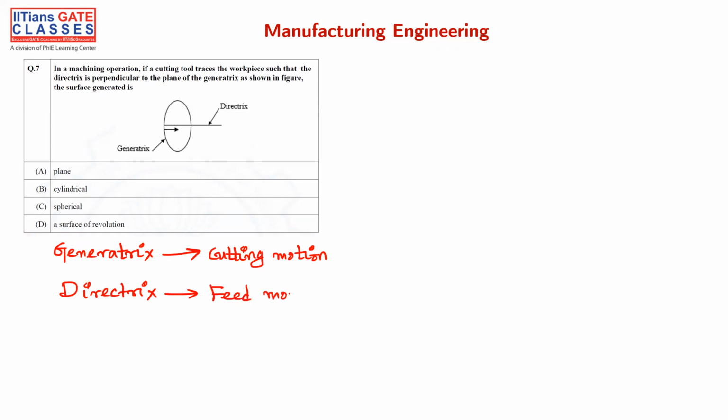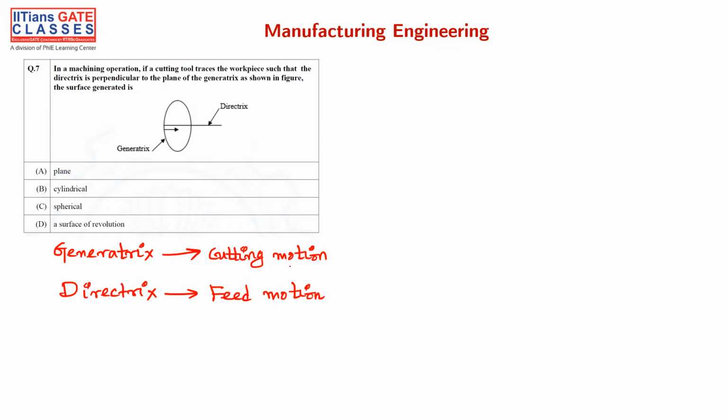Feed is nothing but the distance traveled by the tool per revolution. For one revolution, how much is the motion of the tool? That is what is called feed in a simple turning operation.